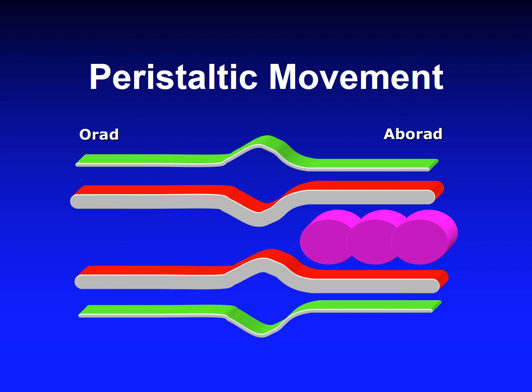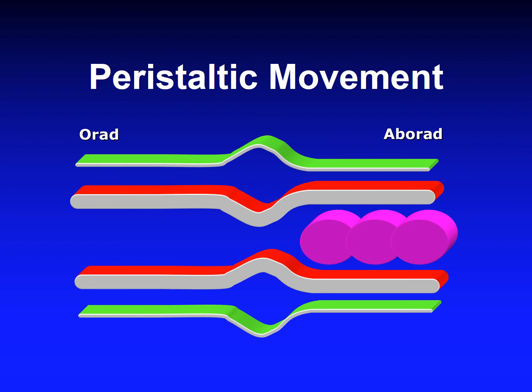You have to have contraction of the inner circular muscle layer, which is shown here as the thick muscle layer. At the same time and at the same spot, you have relaxation of the outer, thinner longitudinal muscle layer.